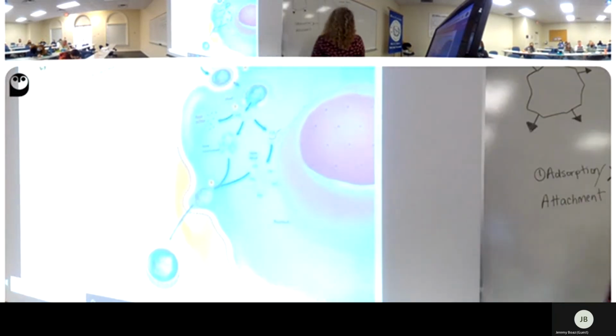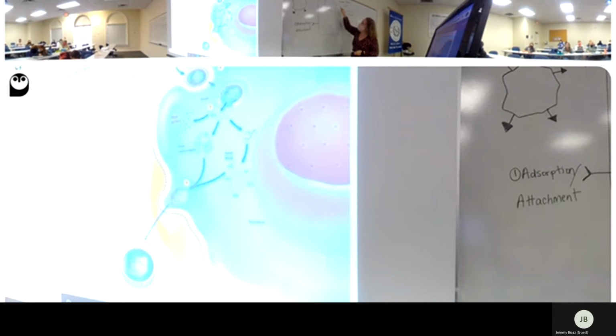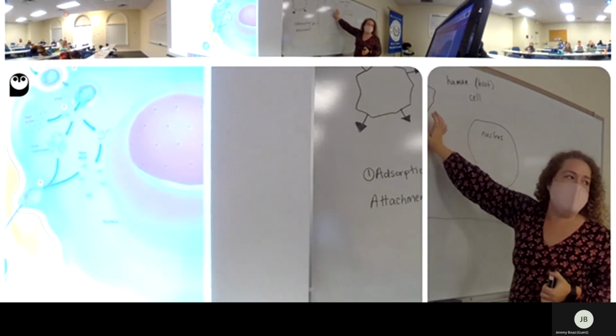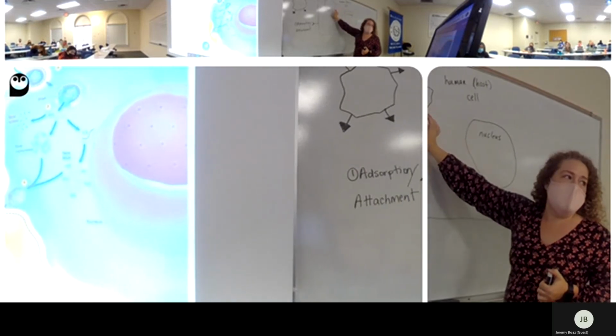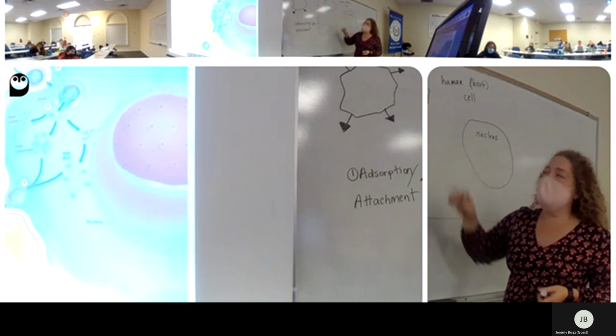If the virus has a complicated shell around it, it's going to do something called uncoating. That step some viruses do and some don't.